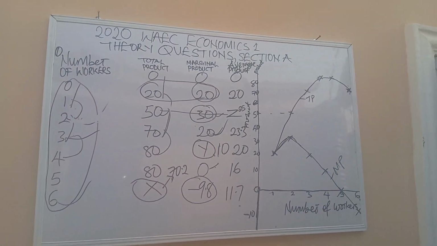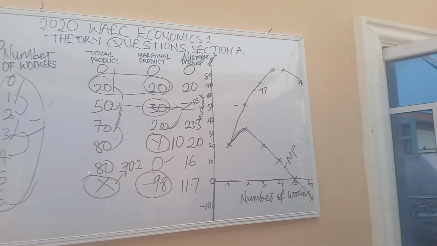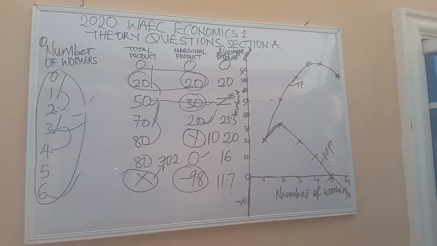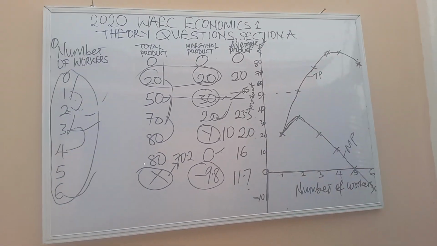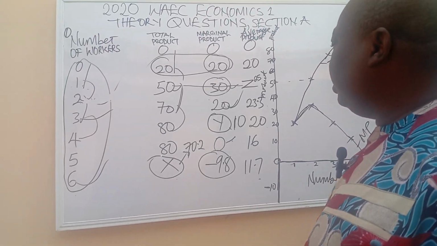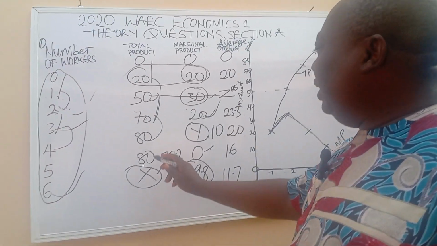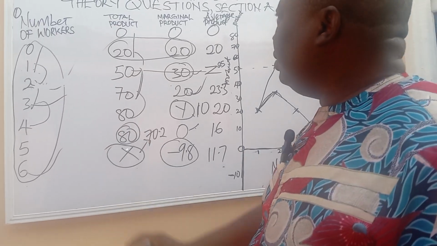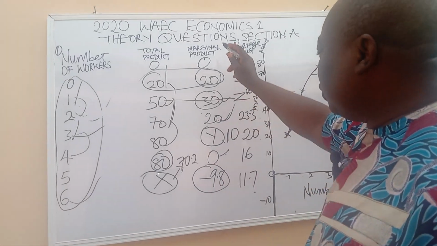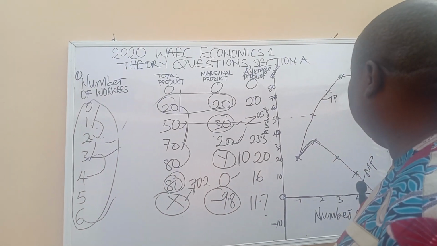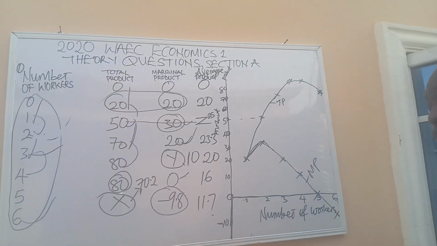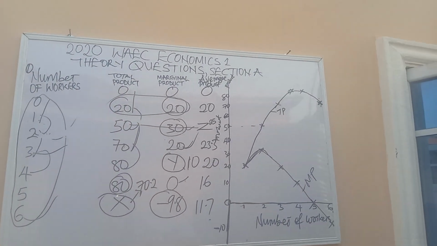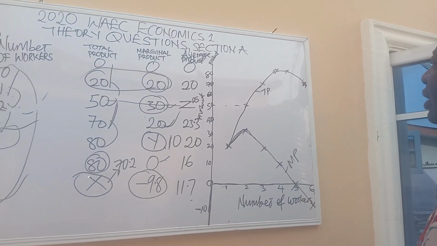Another thing is that when there was no additional to total product, you can see that marginal product is 0. So those are the two relationships you can get from there.